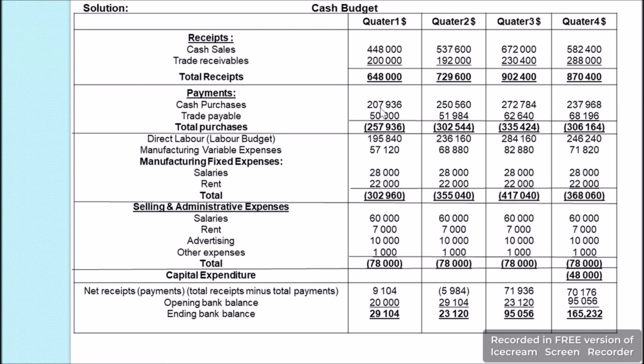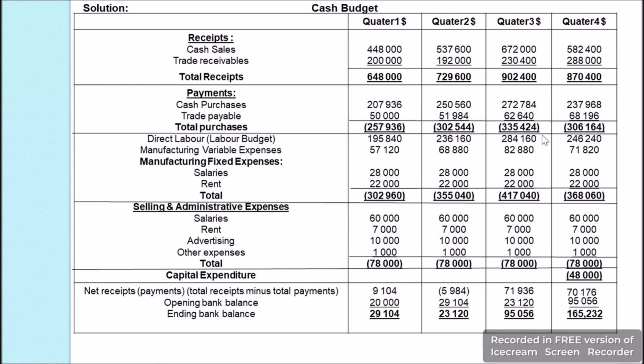Now we total the cash purchases and trade payables to get the total purchases. That is $207,936 plus $50,000. We get the total purchases for the first quarter as $257,936, and as this is a payment, it will be negative. That is, it shows the outflow of cash. Then in the same way, we add the cash purchases and trade payables for the second quarter as well, and we get the total purchases as $302,544.